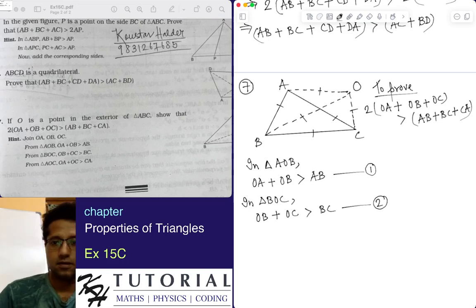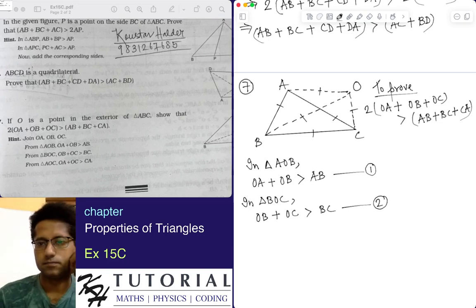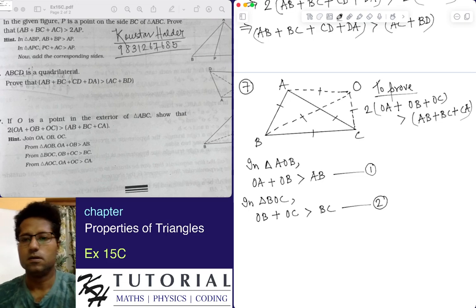Since we have to prove the inequality greater than the right hand side, on the right hand side we have the sides of the triangle AB, BC and CA. We have to ideally consider the triangle inequality so that we will have the sides AB, BC and CA on the right hand side of the greater than sign.